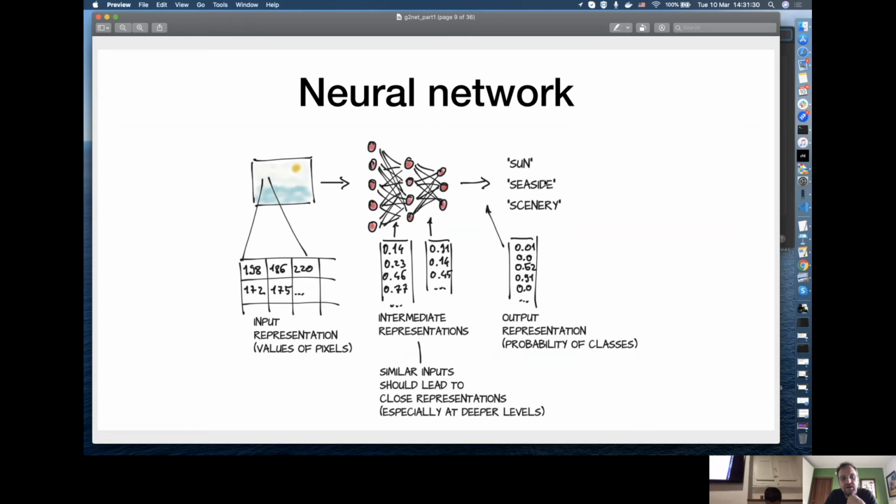Given some piece of information that has a lot of degrees of freedom, a neural network can encode those many degrees of freedom in a lower number of degrees of freedom, up until the point where you can make a decision based on a vector of numbers, whether what you're looking at is something or something else, or you can make a prediction, quantifying a physical property of it, for example, in a continuous manner. The vector of numbers in which the input is encoded is called the intermediate representation.